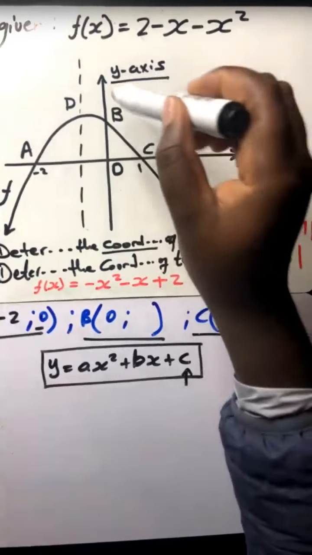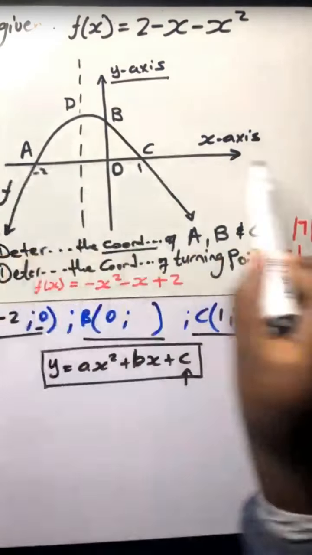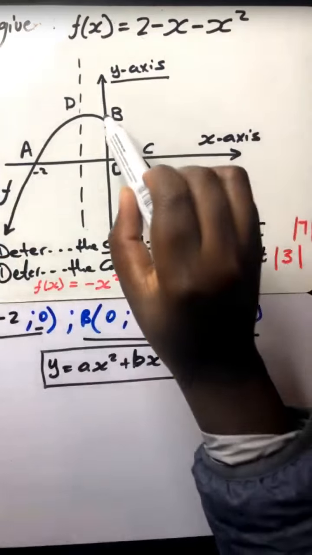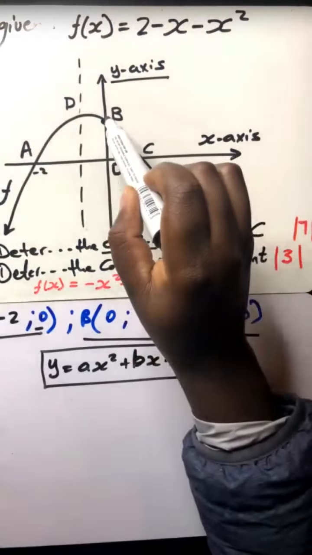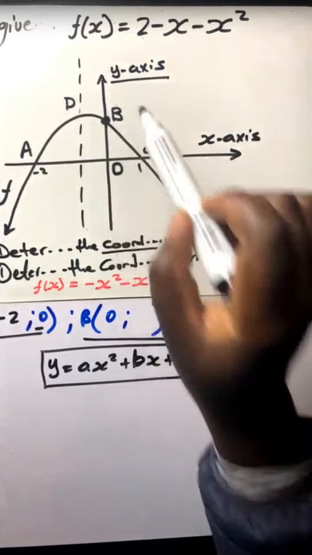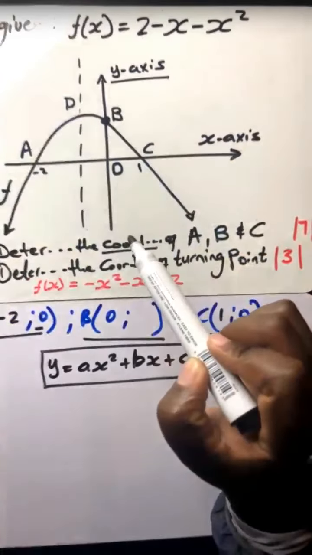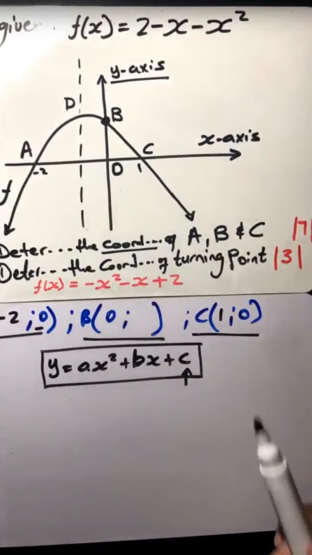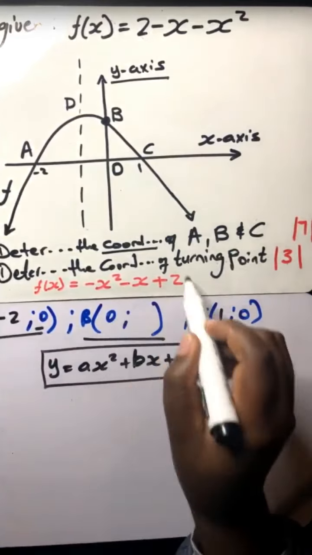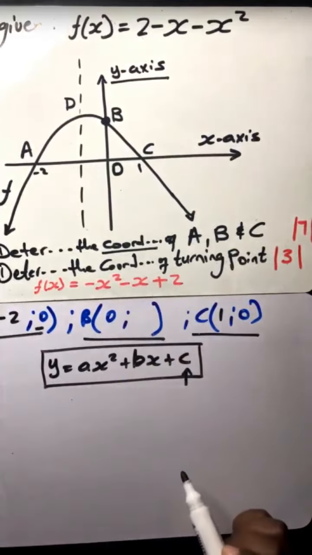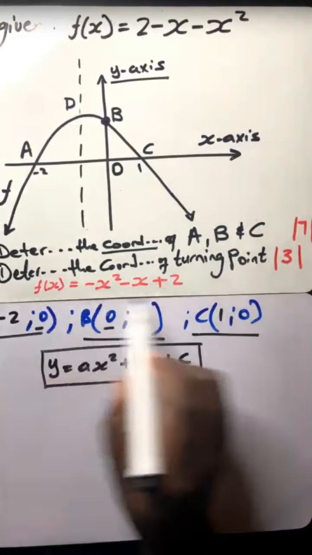So remember, guys, this line is called the y-axis. That line is called the x-axis. When it touches that line, we call it the y-axis. So that point is the intercept. Intercept means where two lines touch or cross each other. So now, when you calculate the C value or the B coordinates, you substitute 0 into that same formula.